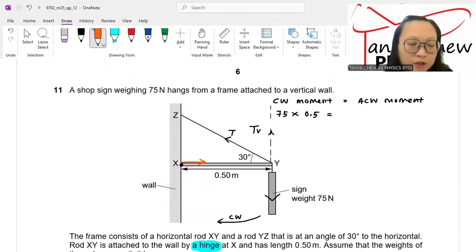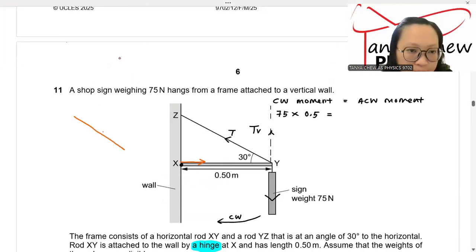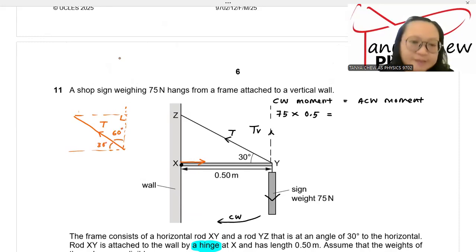I'm going to use orange color so that you can see. This is my tension right here. I can resolve it into two components. If I use this triangle, this is 90 degrees, this is 30 degrees, and this is 60 degrees. To resolve it into the vertical direction, I take adjacent: cos 60 degrees is equal to tension vertical divided by the value of tension.